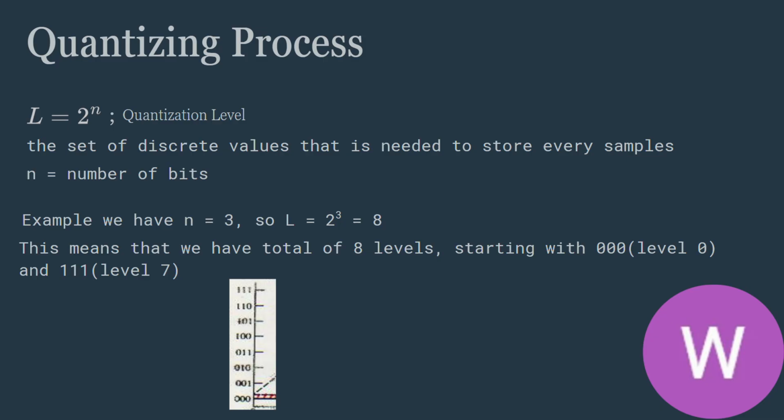Basically we start with 0, 0, 0, which is level 0, and then the next level will be 0, 0, 1, and then continue all the way until the last level, which is 1, 1, 1, which in this case is level 7, and in total we have 8 quantization levels.